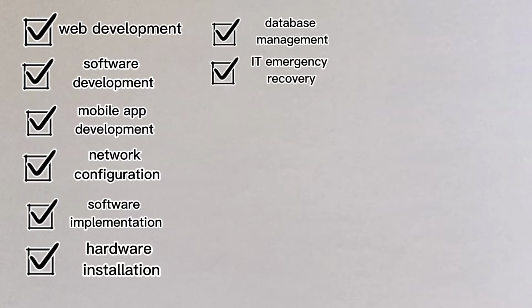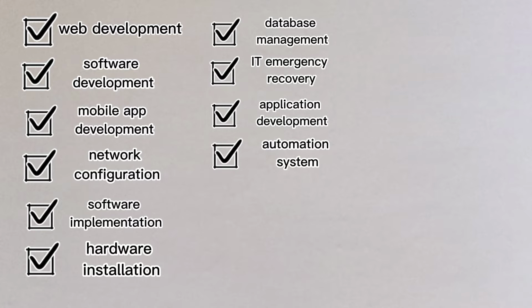Web development, software development, mobile app development, network configuration, software implementation, hardware installation, database management, IT emergency recovery, application development, automation systems, including logistics, supply chain, Internet of Things, and many others.